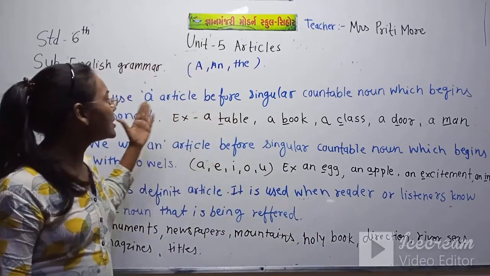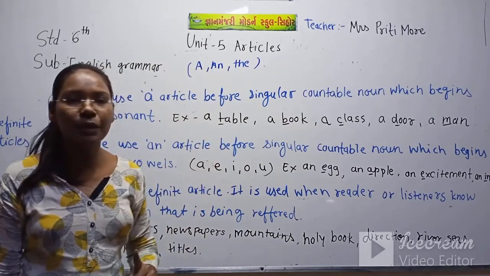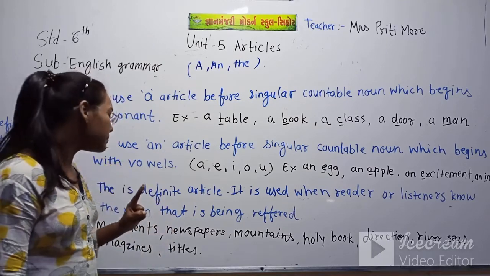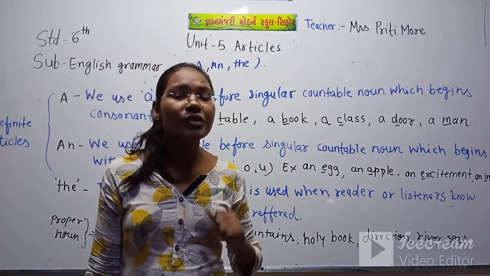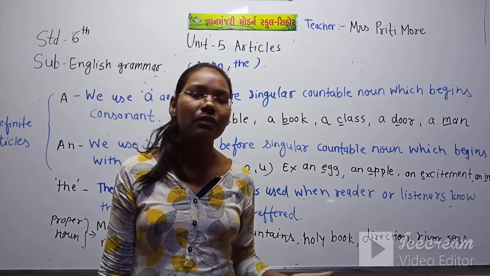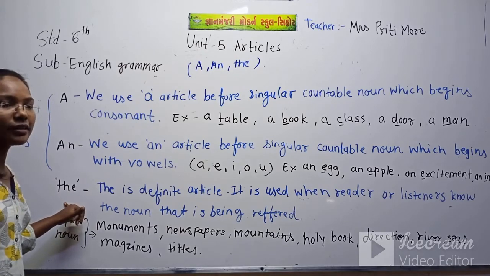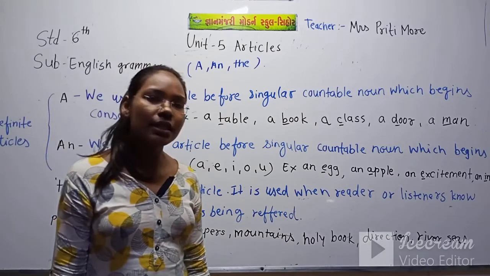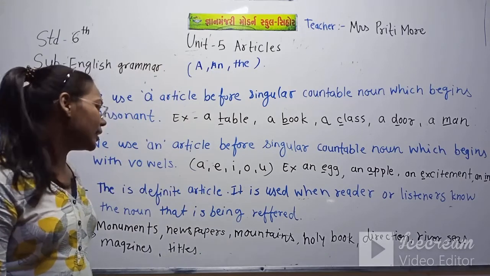We have seen that we use a and an only before a singular countable noun, but we use the before the proper noun, which can be singular and plural also. That time we use the article.